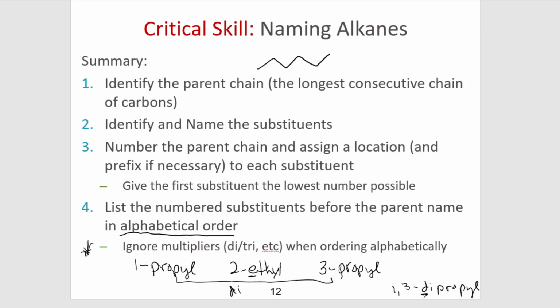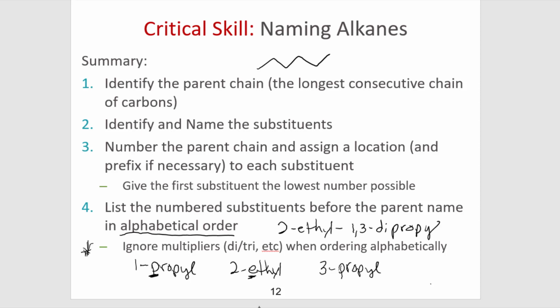Wrong. Actually, you're going to do alphabetical order before you assign the whole di thing. So the 2-ethyl is going to go first, because E comes before P. So the correct order is 2-ethyl, then 1,3-dipropyl. It's the actual substituent that you alphabetize, not the fact that you have dipropyl.